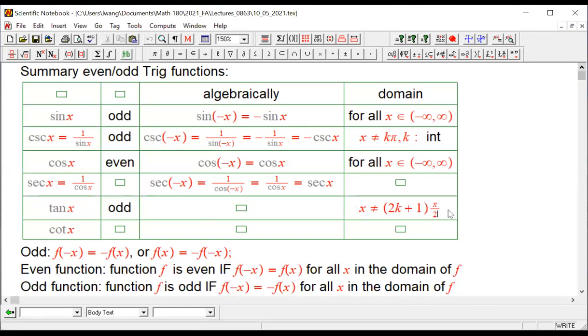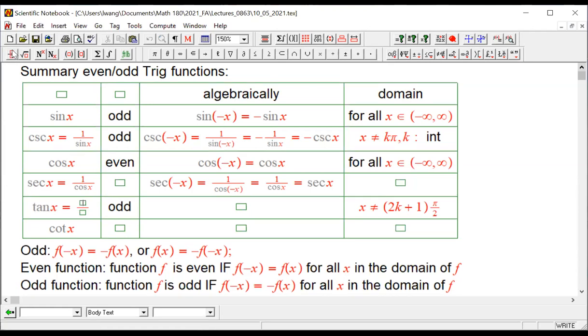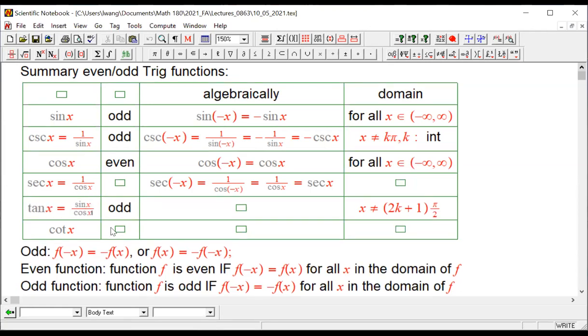I do to you what I wish others would do to me on this subject of math, right? And tangent, as we have previously summarized, you can see tangent is sine over cosine, right? Because we can bring all these connections. So you have a cosine as a denominator. So this guy has the same domain as secant. k is the integer.